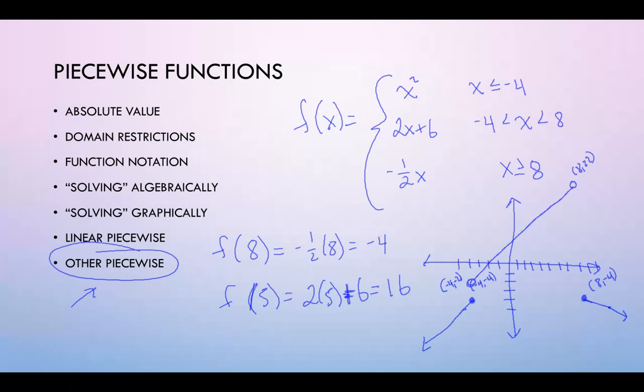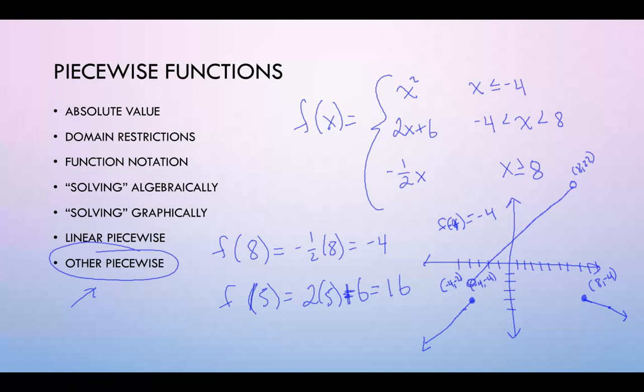Okay. Solving graphically, I just mean if I gave you the graph and I said, what is f of 8, or what is f of -4, knowing that I can go over here, I'm not going to go to this point right here. I'm going to go to this one down here, and you're going to get -4. Okay, function notation, just knowing what it looks like over here, that we are dealing with a function.